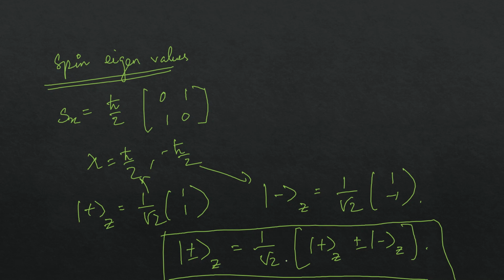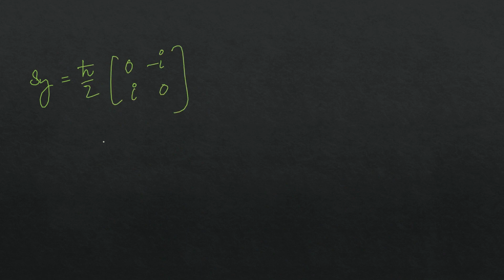Now for Sy also, calculate Sy, which is h cut by 2 times the matrix 0 minus i, i 0. The eigenvalues are h cut by 2 and minus h cut by 2.